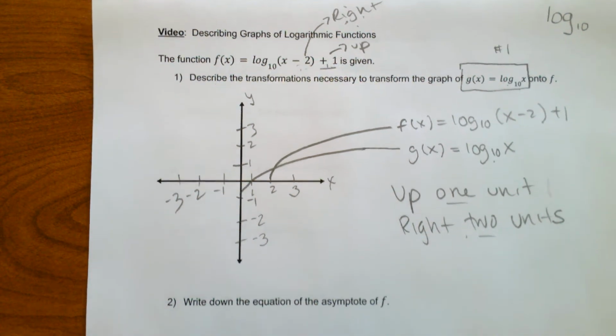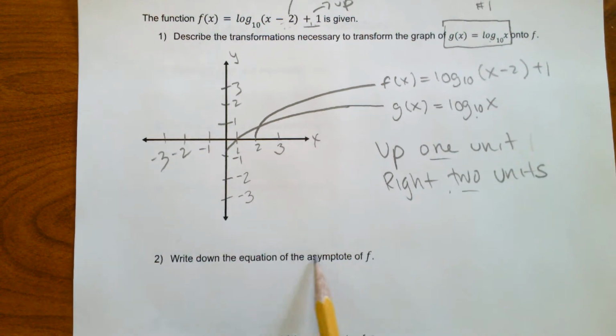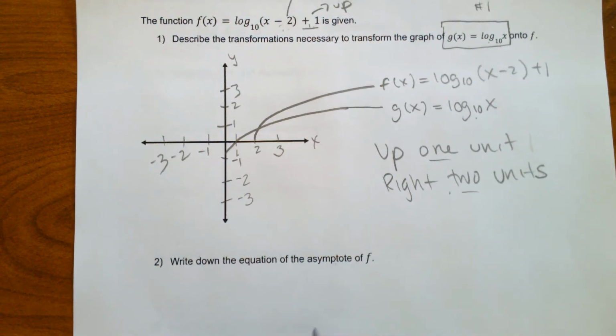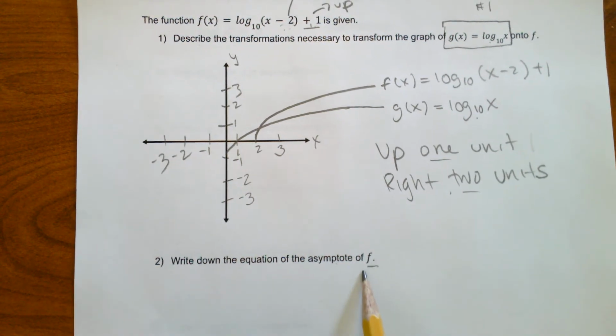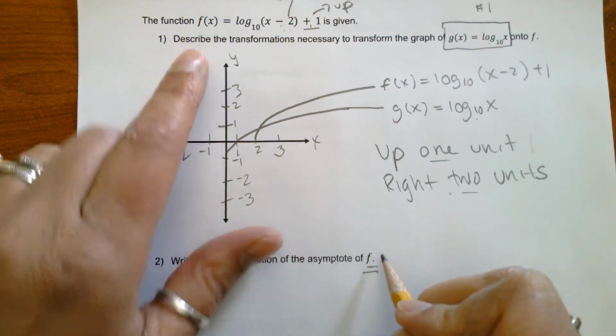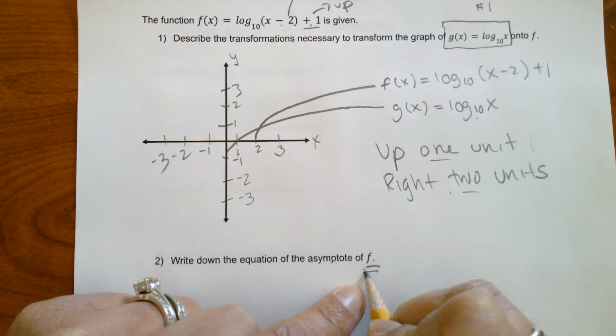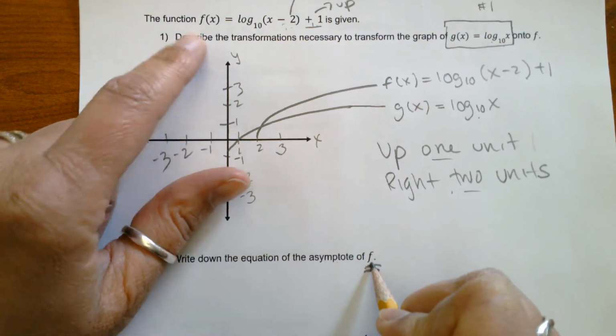All right, next, write down the equation of the asymptote. So remember, the asymptote of f. Remember, the asymptote is where the graph will never touch. It won't ever go there. And so first, we need to find the f for f. Sometimes they give you these letters, so match them up.